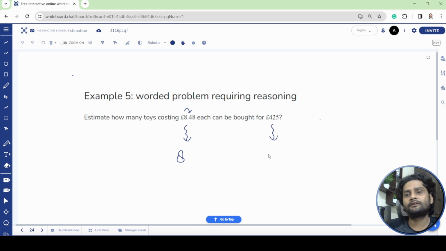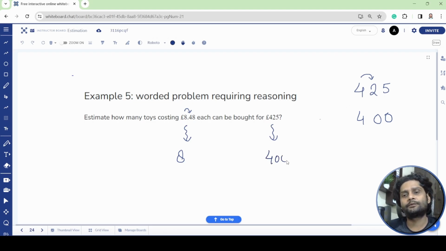Here 425, we again want to round to one significant figure. We have to leave these numbers, but we do add zeros this time. Why? Because it's a whole number, students, and just because the next number here is less than 5, we don't add anything to that target digit.